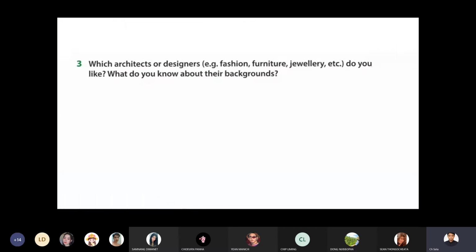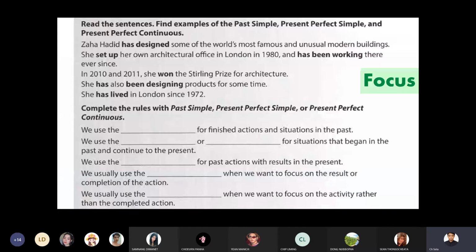Okay, so let's look at this. We just spend a little bit of time on this one, and then we're going to go to our homework project. Okay, so read the sentences and find examples of the past simple.